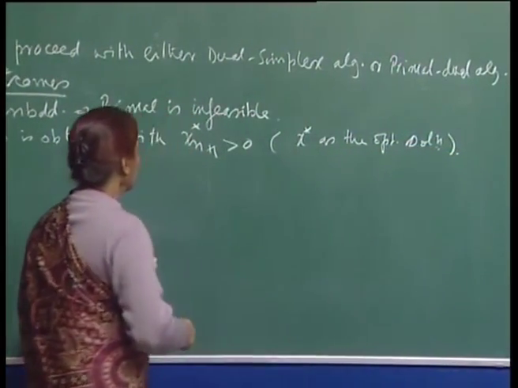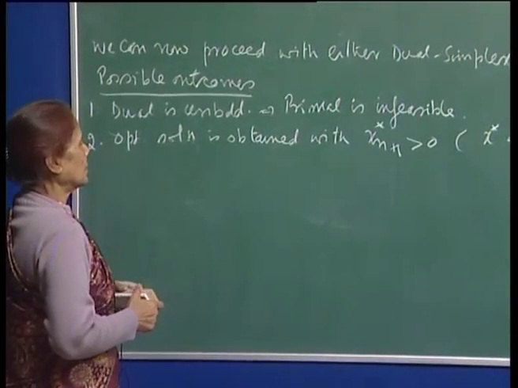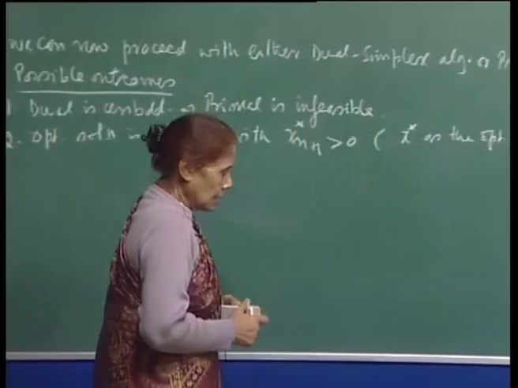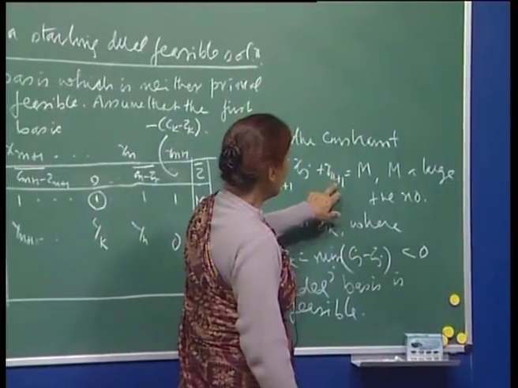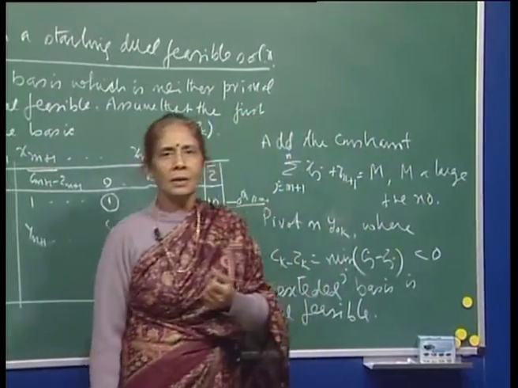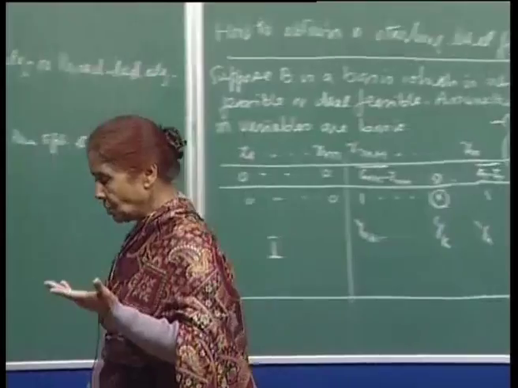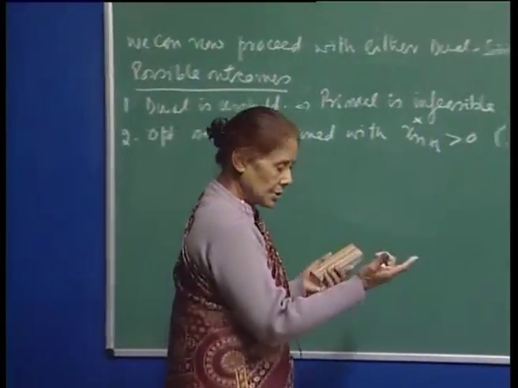Suppose x_{n+1}* is greater than 0. What would that mean? Here, if this is positive, it is in the basis. So, therefore, the constraint is not satisfied as equality, and so the new constraint is not binding, right. The new constraint is not binding.